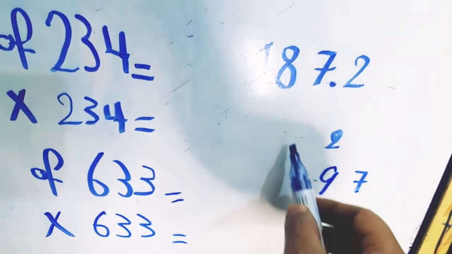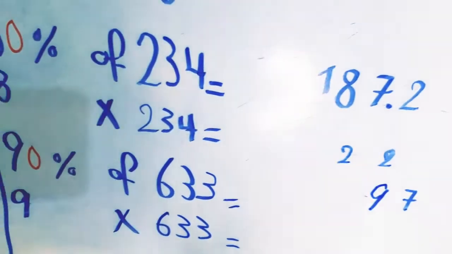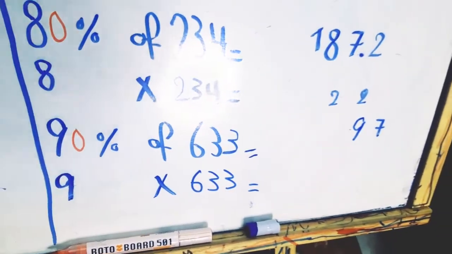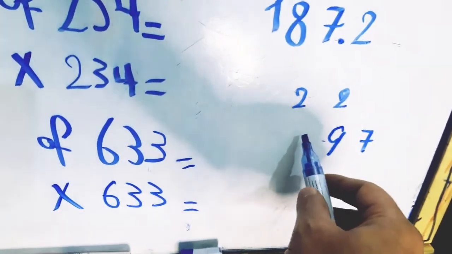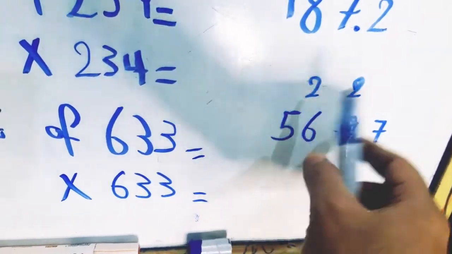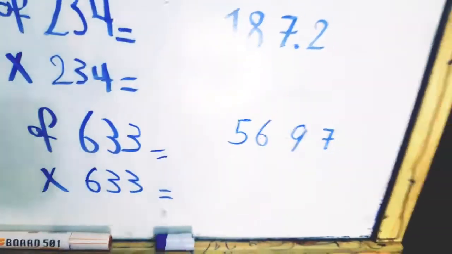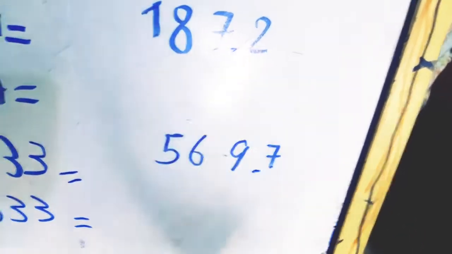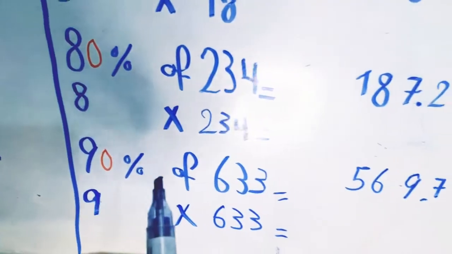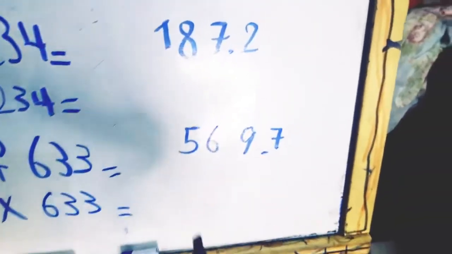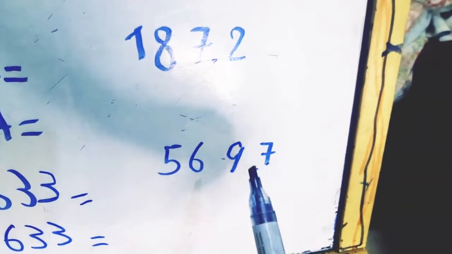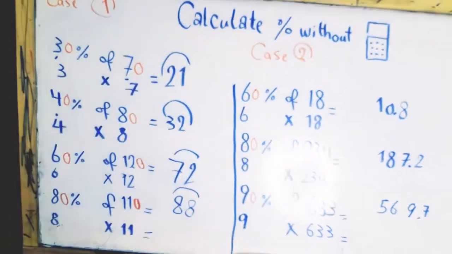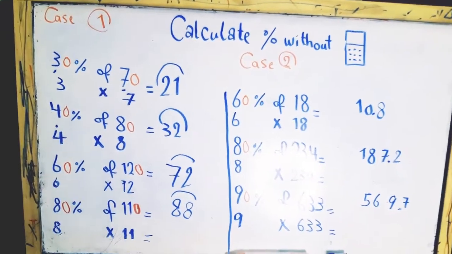We write 9 and carry forward 2. 9 times 6, 54. 54 plus 2, 56. Then we must put the decimal point after one digit from the right side. So 90% of 633 equals 569.7.